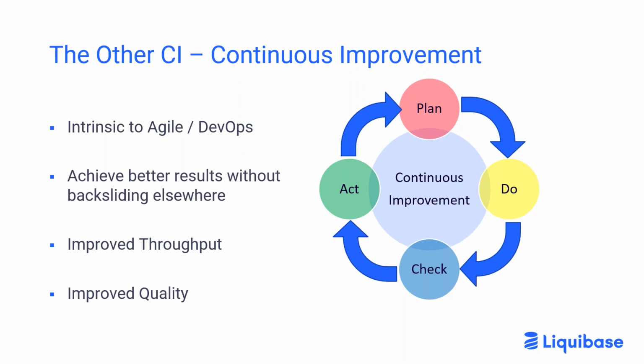And this notion that you can improve, getting better results without backsliding someplace else, improving throughput while also improving quality, is what this is all about and what a lot of these practices prescribe. But speed is a lot more exciting and a lot more inspirational than continuous improvement, if you think about it. So this is a reason there. And since speed serves as such an effective proxy, why not?